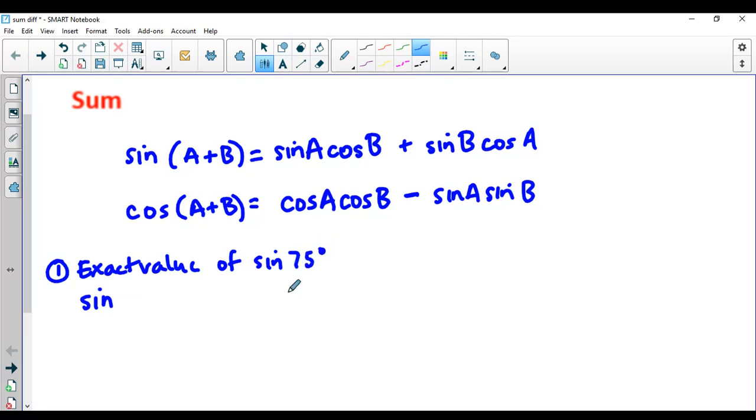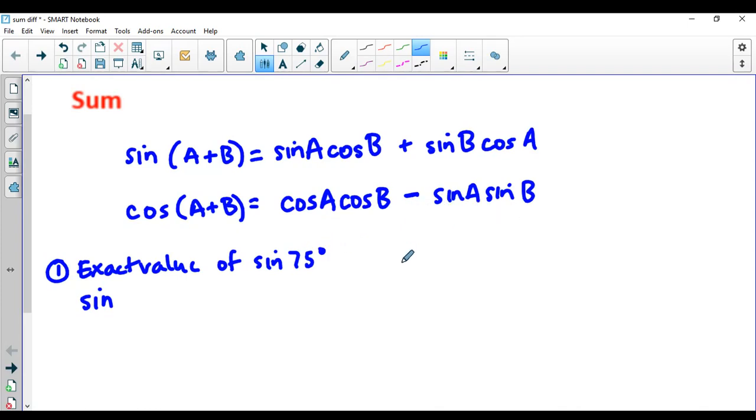I'm starting with an easy one in the sense that it's pretty obvious how we're going to break up 75. You always want to break up the angle. We want to decompose it into a sum of angles that are on the unit circle.